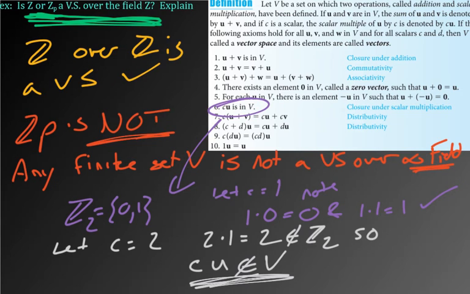So you can always come up with this if you pick some scalar that's beyond the size of P, basically. So any finite set V is not going to be a vector space over an infinite field. Now, Z2 over Z2 is actually a perfectly fine finite vector space over a finite field. And there's other ones you can make up too, but this is true actually for finite sets over infinite fields.